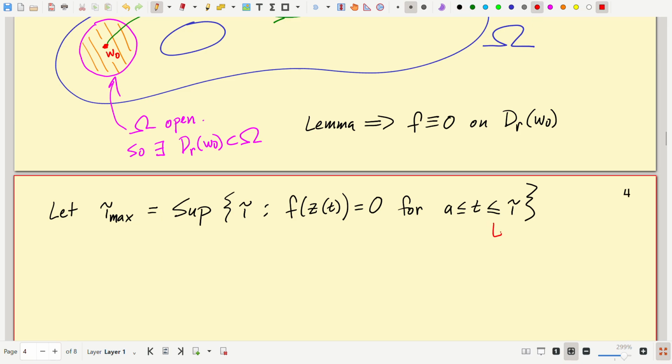So z of tau is in the 0 set of f by continuity. If it's 0 to the left, then it has to be 0 there too.